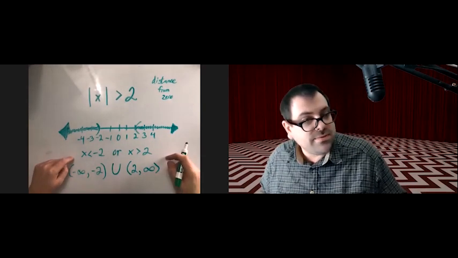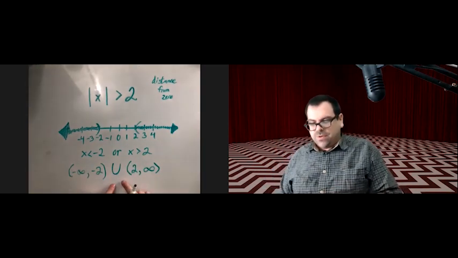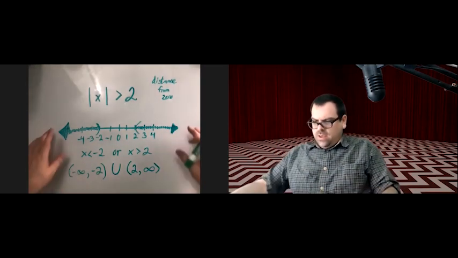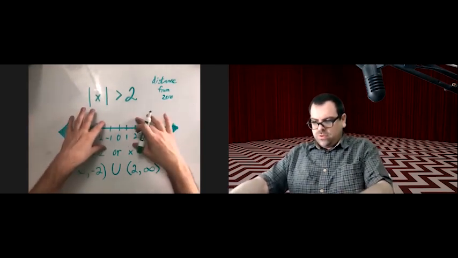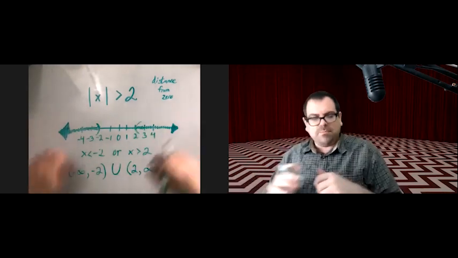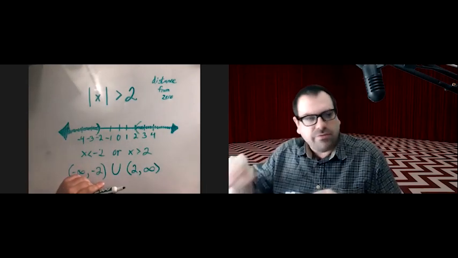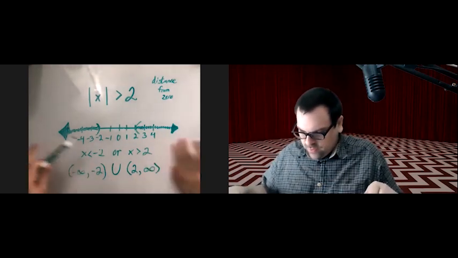And it's an or statement. An or statement because or is union. And we're taking these two intervals and joining them together and saying that both of them together make up the graph of where the absolute value is greater than 2. So it is the wing stuff.